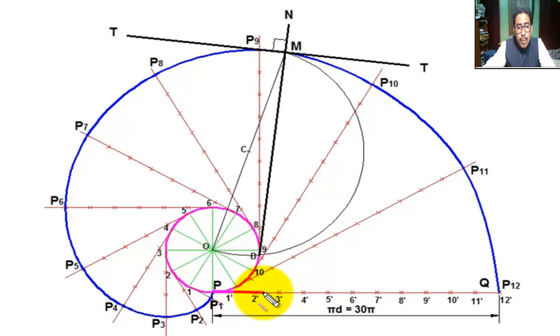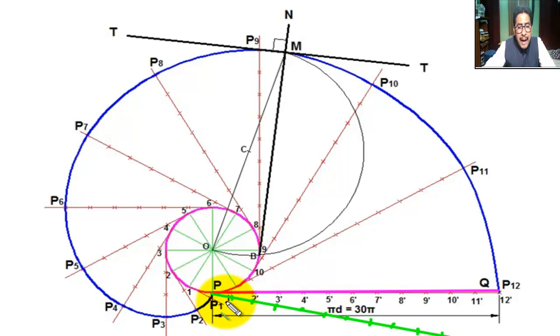Now draw a line PQ, tangential to the circle at point P. PQ equal to pi d. That means pi d equal to 30 pi.